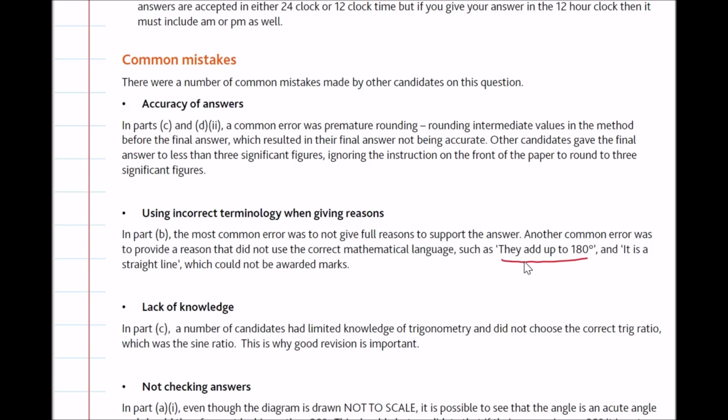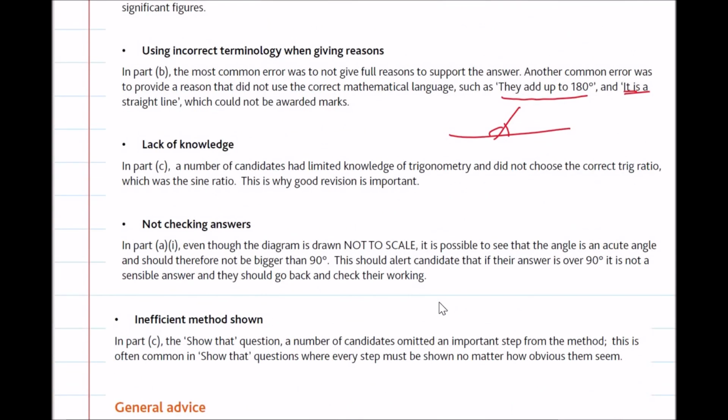So you have to mention angles in a triangle add up to 180 degrees, and "it is a straight line" could not be awarded marks. See, if you are talking about this property, angles on a straight line add up to 180 degrees, we cannot say that it is a straight line. You need to write that angles on a straight line add up to 180 degrees. Okay. Lack of knowledge.